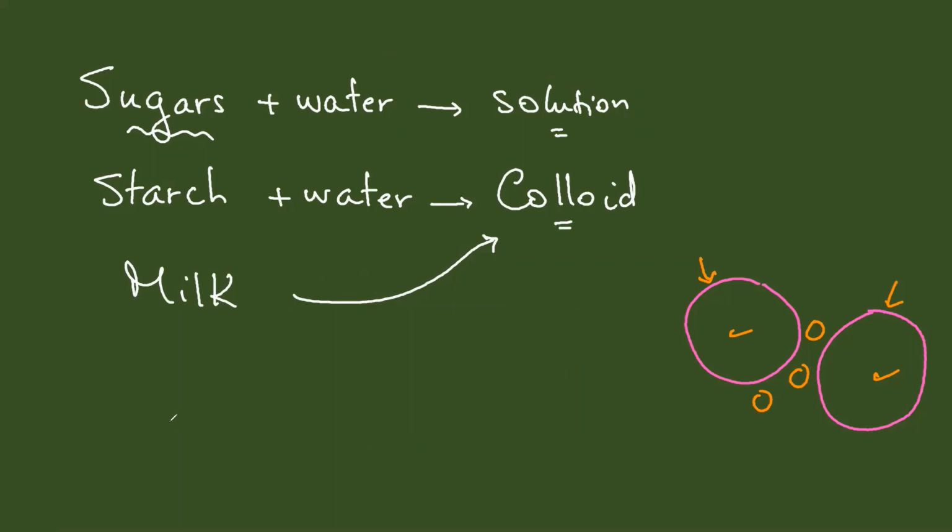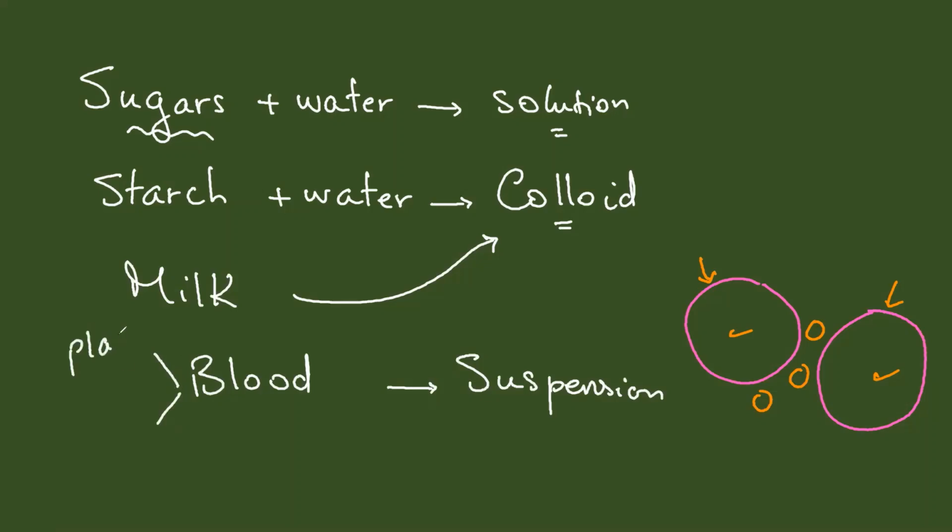There is another mixture with water that's called a suspension. We can see it better because we are learning biology in the blood. We know that the majority of blood is formed of plasma, and this plasma contains a great amount of water.